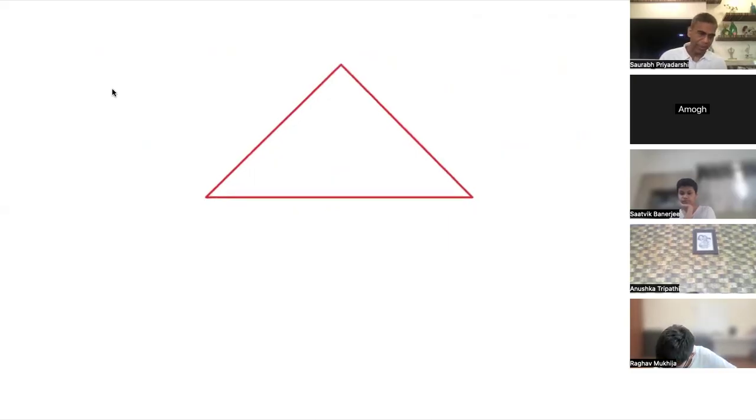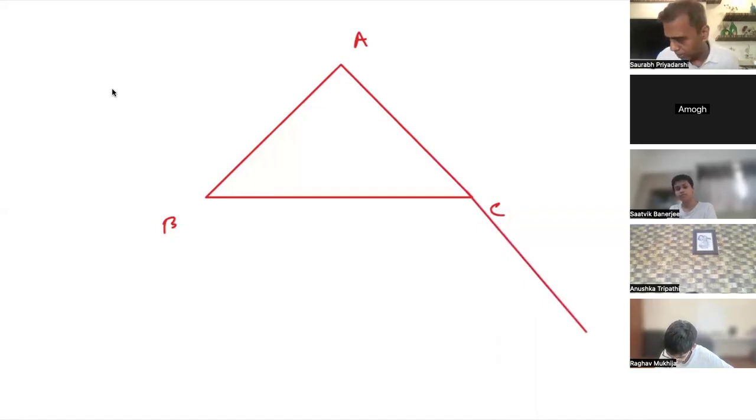ABC isosceles, A, B, and C. D and E are points on the segments, and we have to extend this, something like this.